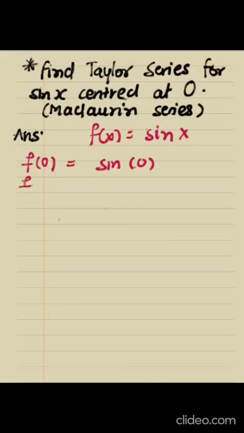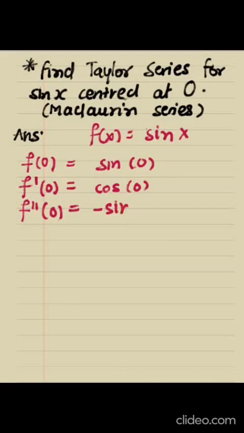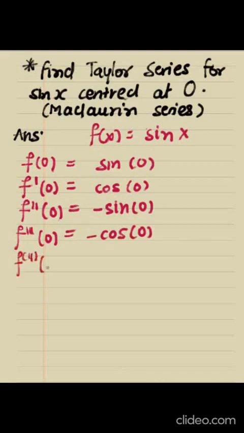And we need to find the derivatives of this function, right? So f prime of 0 equals cosine of 0. F double prime of 0 equals negative sine of 0. F triple prime of 0 equals negative cosine of 0. F fourth derivative of 0 is sine of 0.